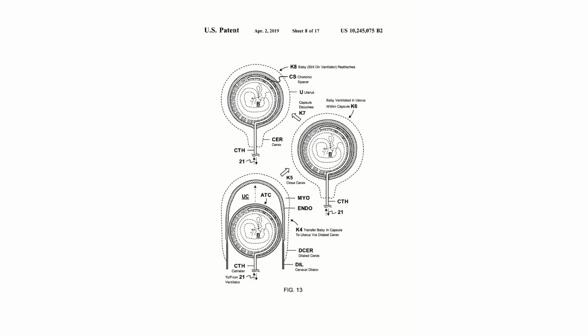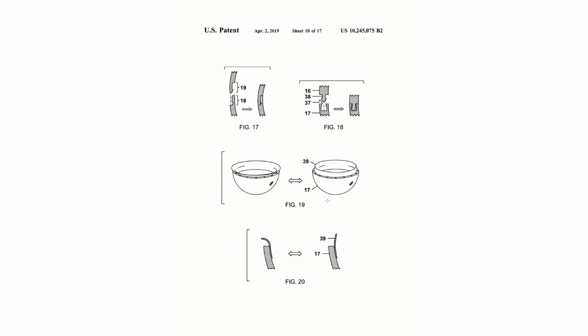You can do it various ways, but the preferred method is transcervically. You're going to dilate the cervix, and then insert the baby in the capsule into the uterus, and the ventilating catheter proceeds outside the cervical canal.